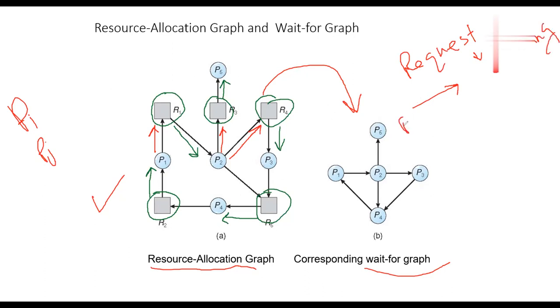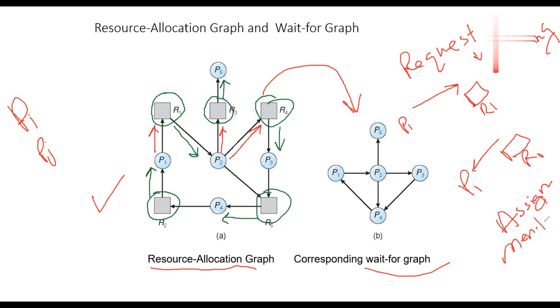For example, if on this side I have a process and on this side I have a resource, then this is a request edge. And if I have P1 and R1 and the edge goes to this side, then this is an assignment edge. You know these things already. Come back here. P2 is also waiting for R2.